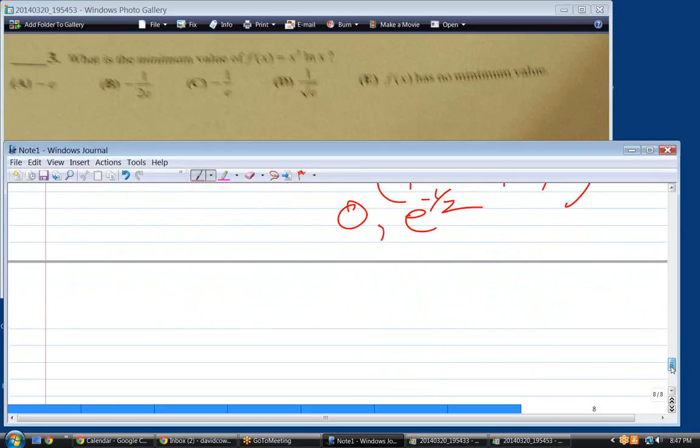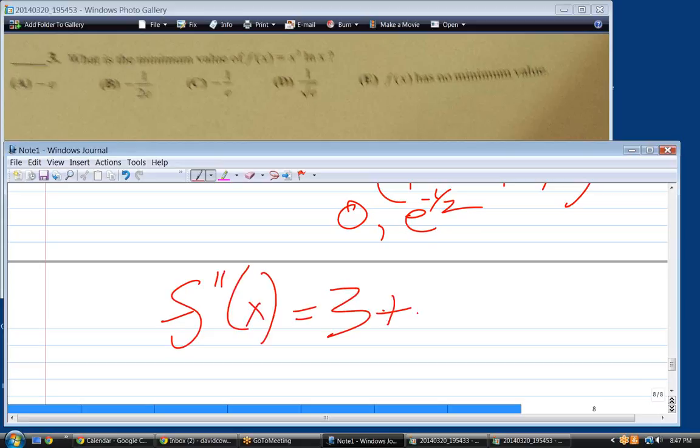What do we have here? F double prime of x equals 3 plus, what was that, 2 natural log x? And we're looking for minimums, so we want to know where this thing is greater than 0.